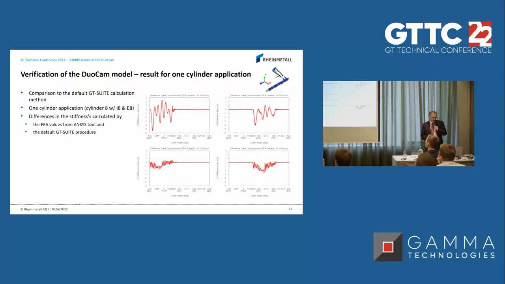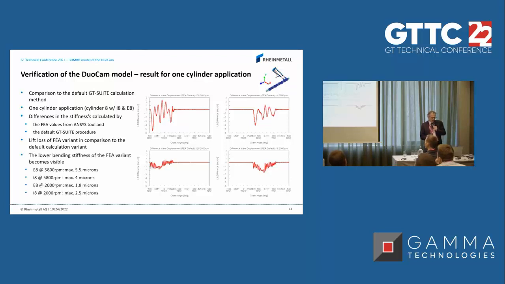On the right-hand side, you can see the lift loss of the intake and the exhaust valve for cylinder 8. A negative value means a lift loss of the DuoCam with the data calculated by the ANSYS tool compared to the standard calculation of the GT Suite solver. The lift loss is very low and plausible, with a maximum of 5.5 microns at 5,800 RPM.